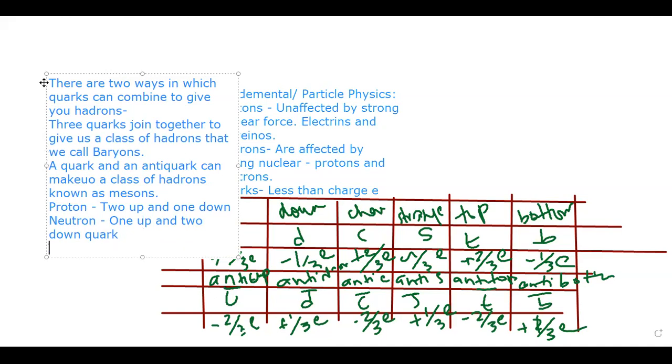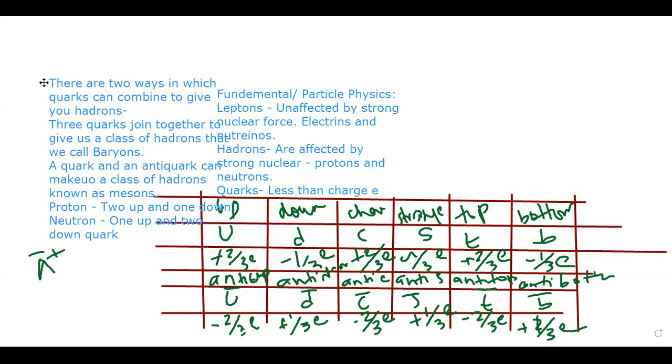Then what about our mesons? In our mesons, we have different types. Let me write down the symbols for this. In our mesons, we have pi plus, right? Pi plus is a particle.